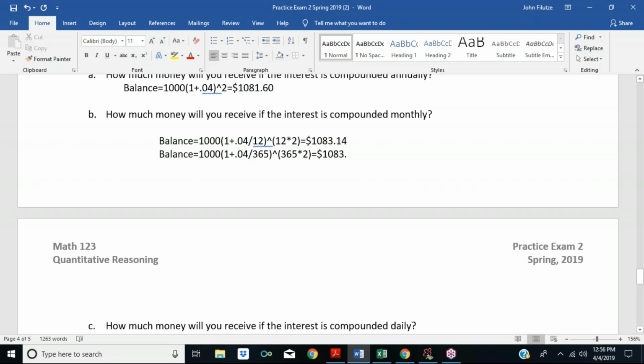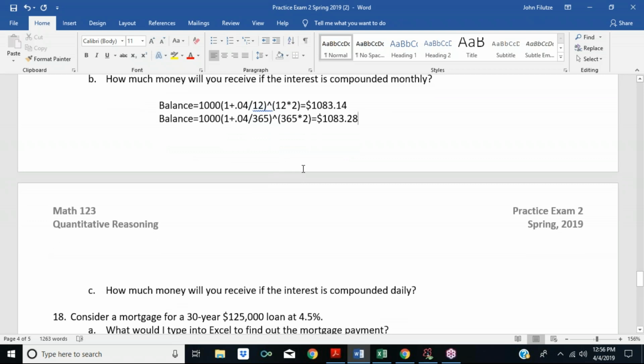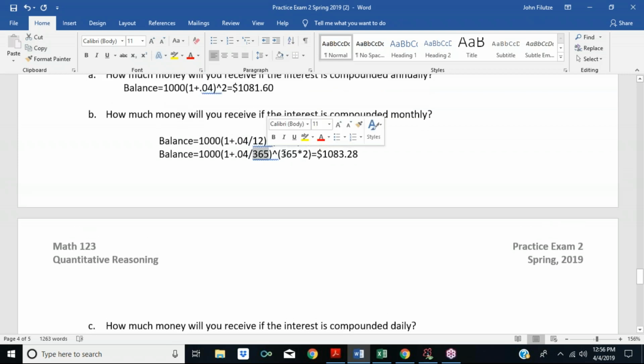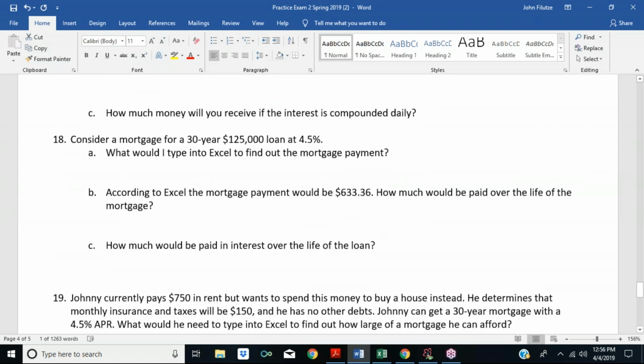And I think when I did, I got 28 cents on there. So that's part C. So see how the number of compoundings goes in 2 spots each time. And then remember, if it's annually, you would just be dividing by 1 and putting a 1 right there. So you could use the same formula. It'd just be a 1 in those 2 spots if it were annually.